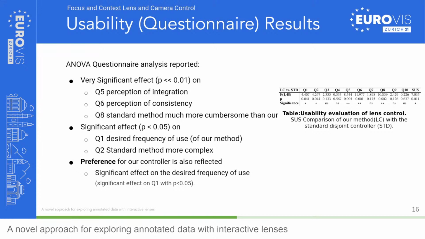Individual question analysis demonstrated a significant effect favoring our controller on the perception of integration, consistency, complexity, ease of use, and desired frequency of use. This is very likely due to the frequent mode switches imposed by the decoupled controller, which leads to confusion.